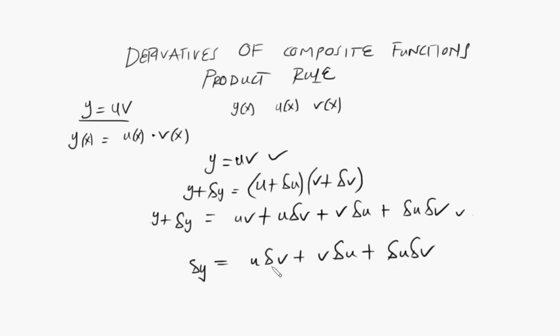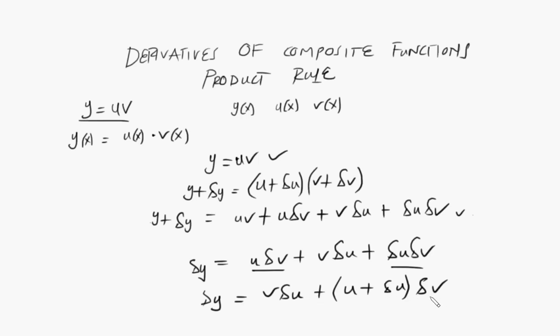Let me rearrange this. Delta y is equal to v delta u, and then I take delta v out, remaining with u plus delta u, times delta v.